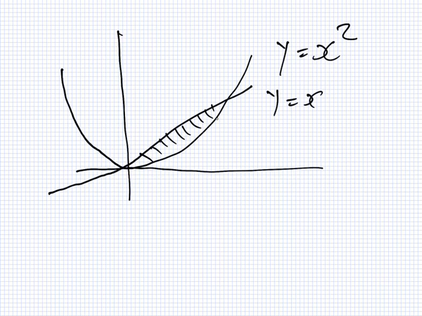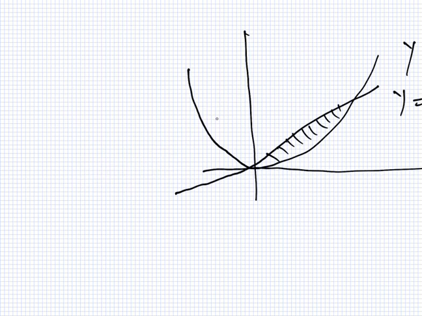Now this one is quite different to what we've been doing, because up until this point we've always been finding the area between the curve and the x-axis. In this situation I want to find the area between two curves. And the way we do that is not too difficult.